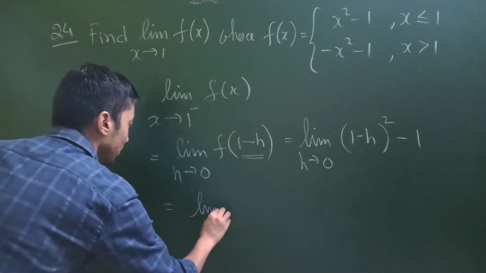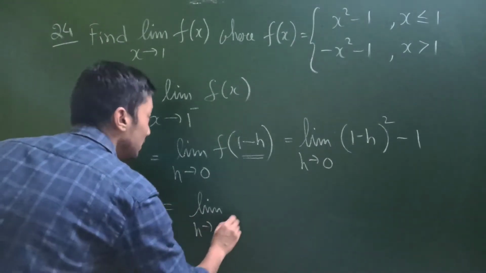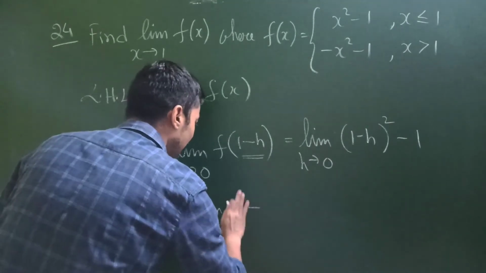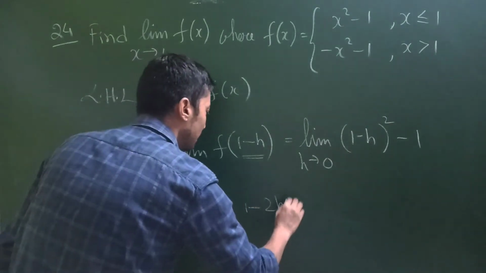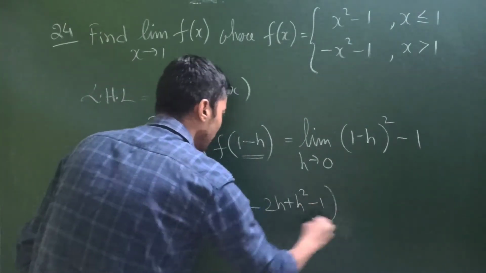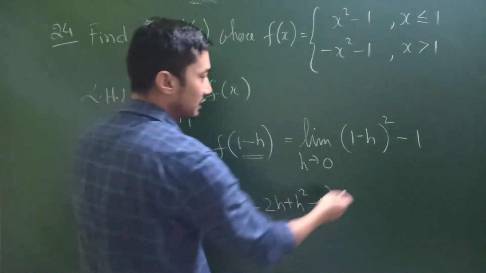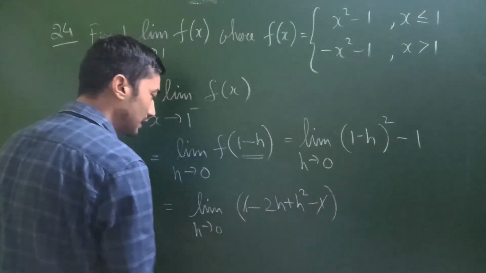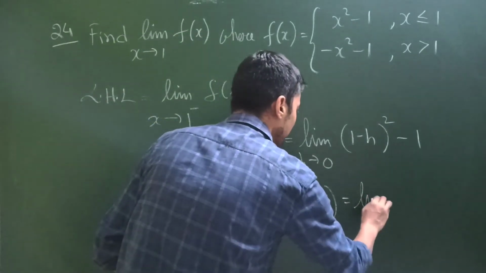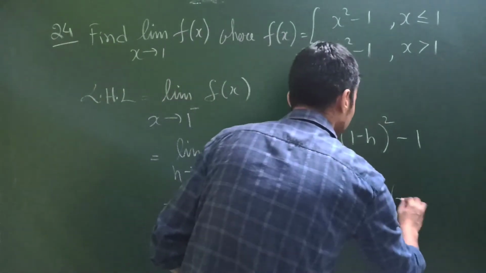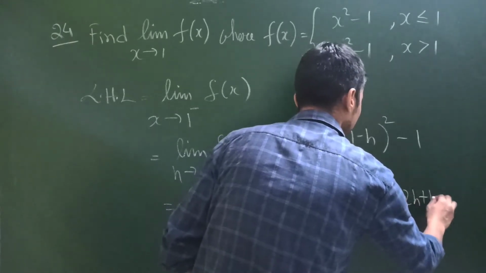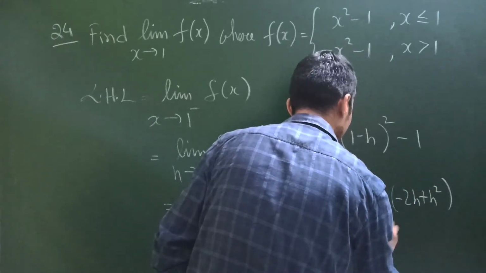Now if we solve this as h tends to 0, expanding and removing the bracket, we get 1 minus 2h plus h square minus 1. The 1 and 1 cancel. Then we have the limit of minus 2h plus h square as h tends to 0.